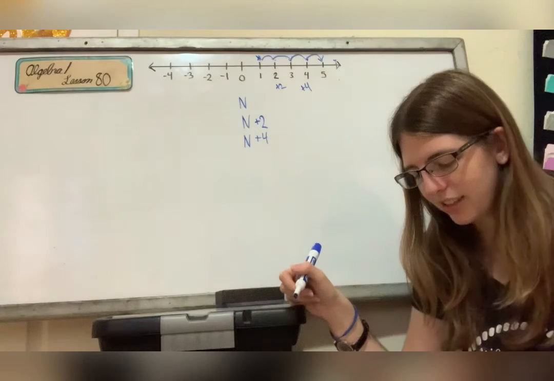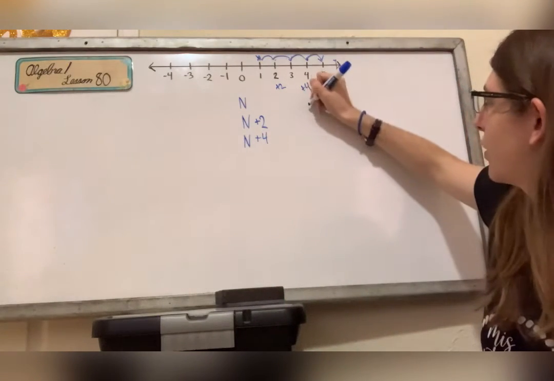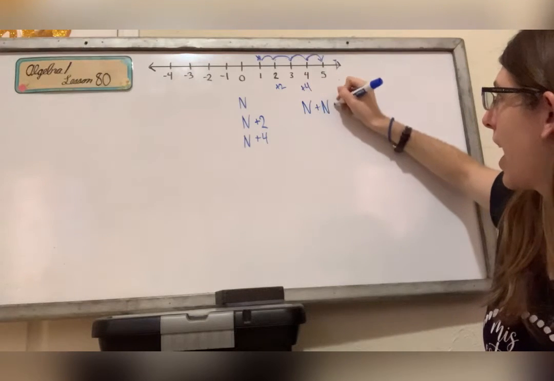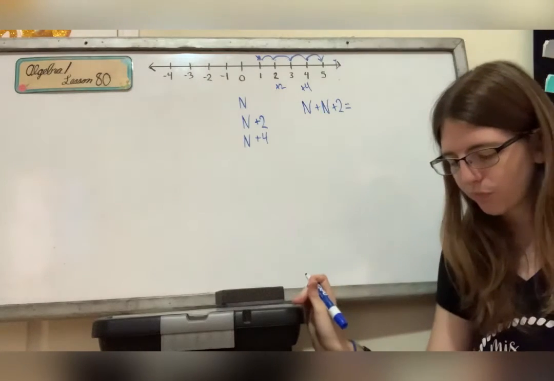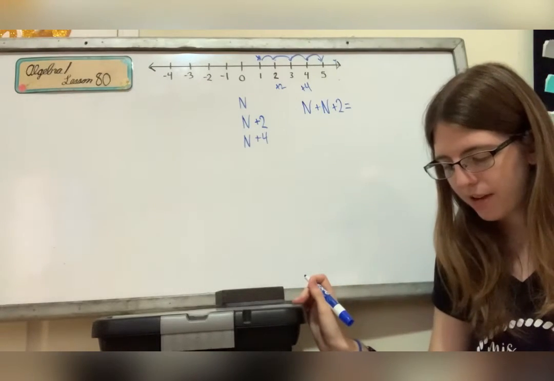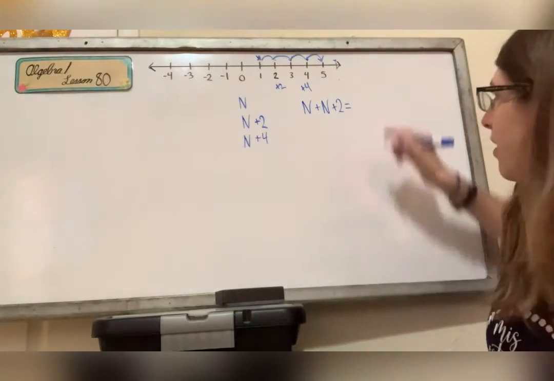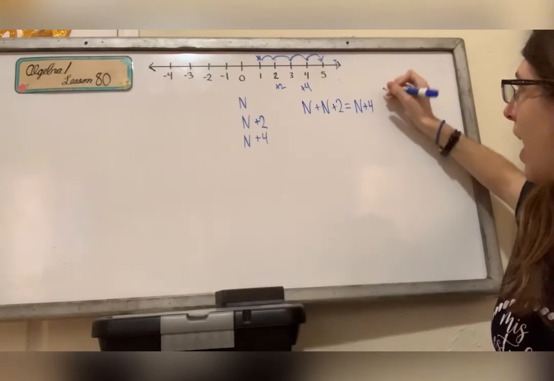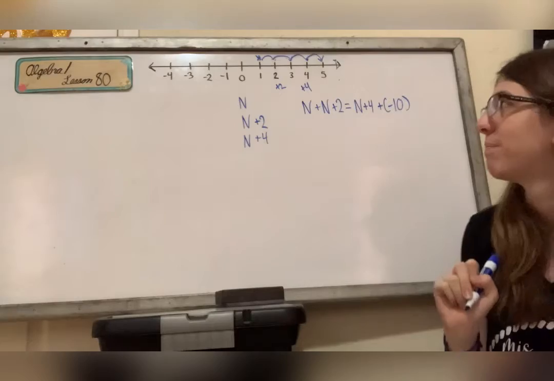Then it says the sum of the first and second equals. Okay, so the sum of the first and second would be n plus n plus 2 equals, now I have the sum of the third and negative 10. So the third is n plus 4, and we're adding that to a negative 10.